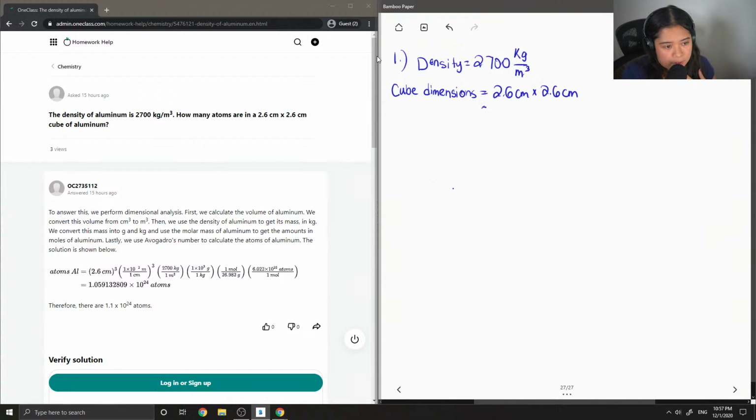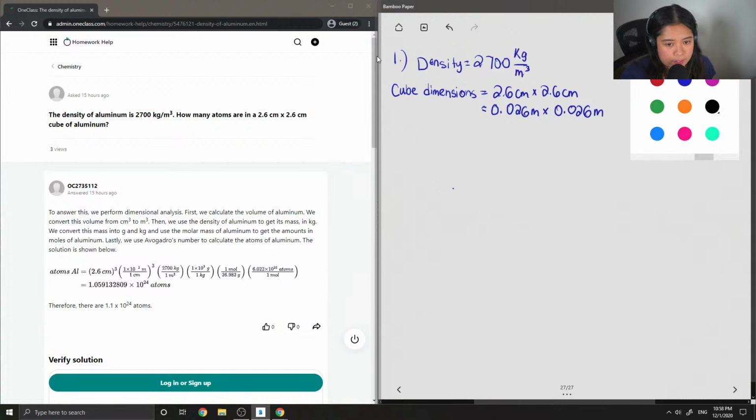So before I do any conversions, I want to first convert my cube dimensions to meters, just so that everything is in the same units. So centimeters to meters makes it 0.026 meters by 0.026 meters.